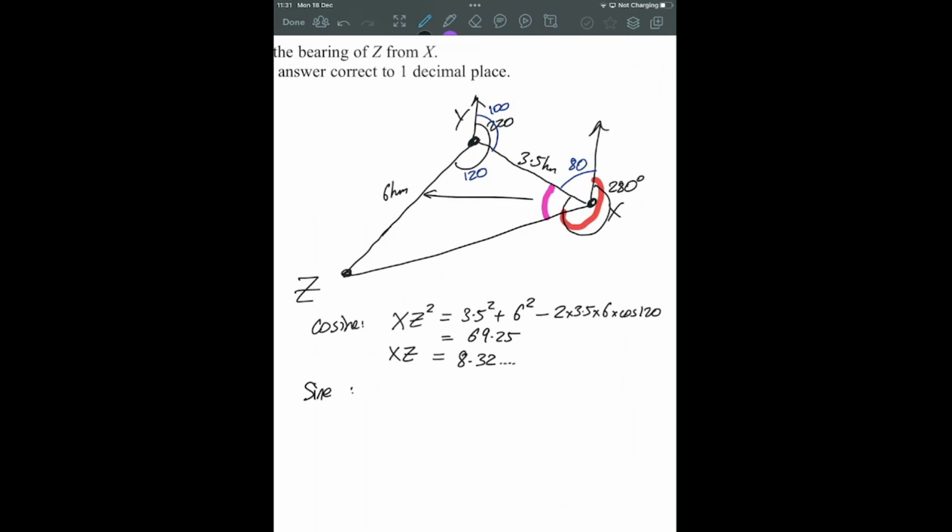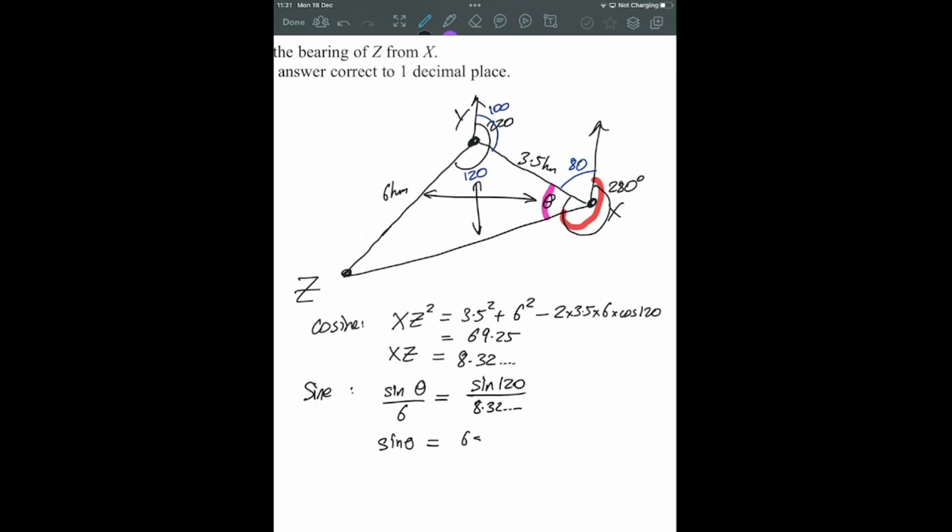I wanted to use the sine rule with this pair with the pink. So sine of that pink angle, and let's actually give it its name. Let's call it theta, so I don't need to write out loads of letters. Sine theta over 6 is equal to, and the other pair that I now have is the 120, and this thing I've just worked out.